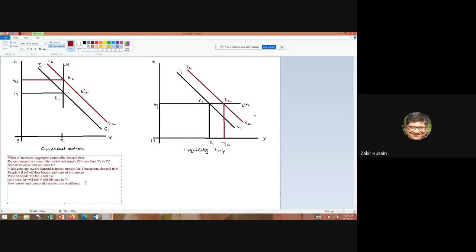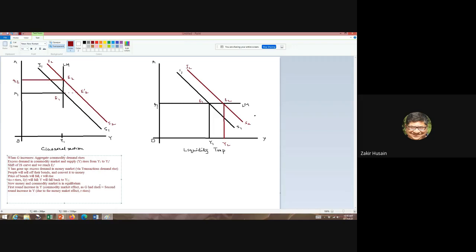But the important thing to note is that the first round increase in Y is equal to second round increase in Y. So this is due to the money market effect R rises. Okay. And this was due to the commodity market effect as G had risen.